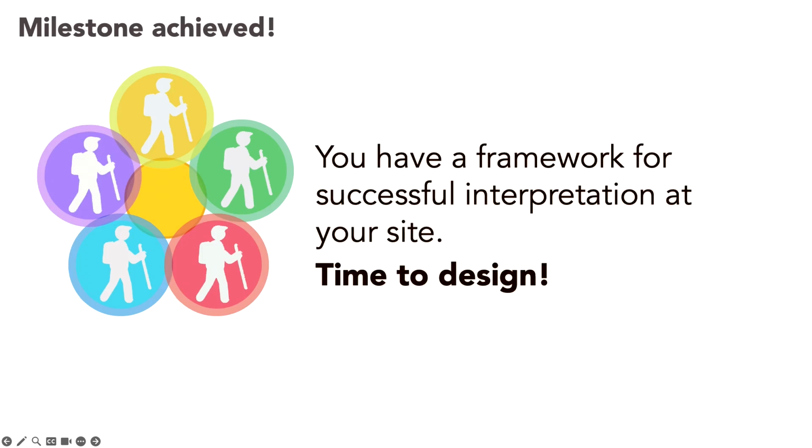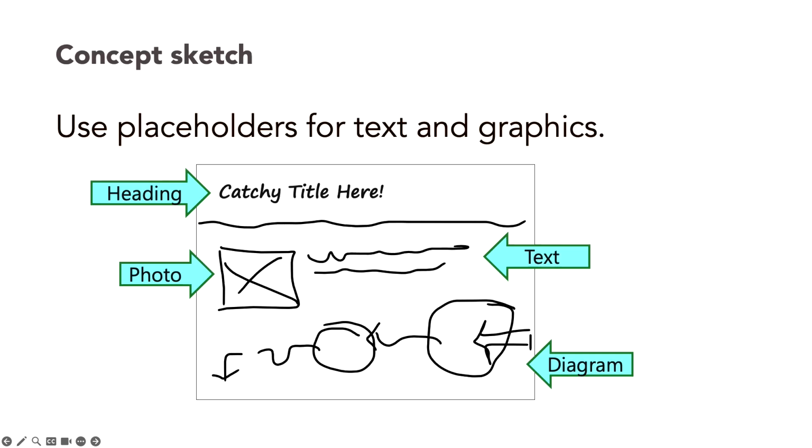So let's move on. Again, our actual sketches for our signs can be very simple and rough. You can use squiggly lines for text. You can use a box with an X in it for a photo or an illustration. Maybe just write a note telling other people what the illustration is going to be of.